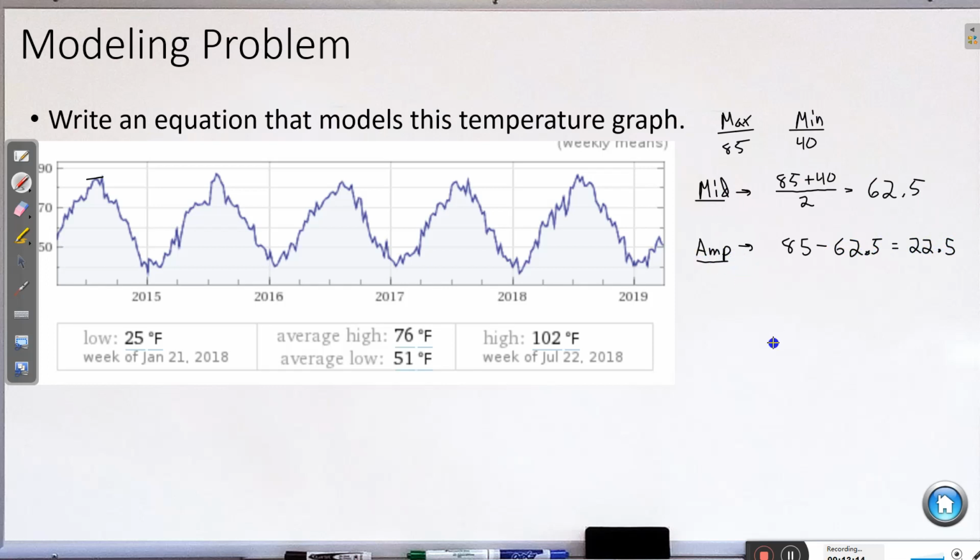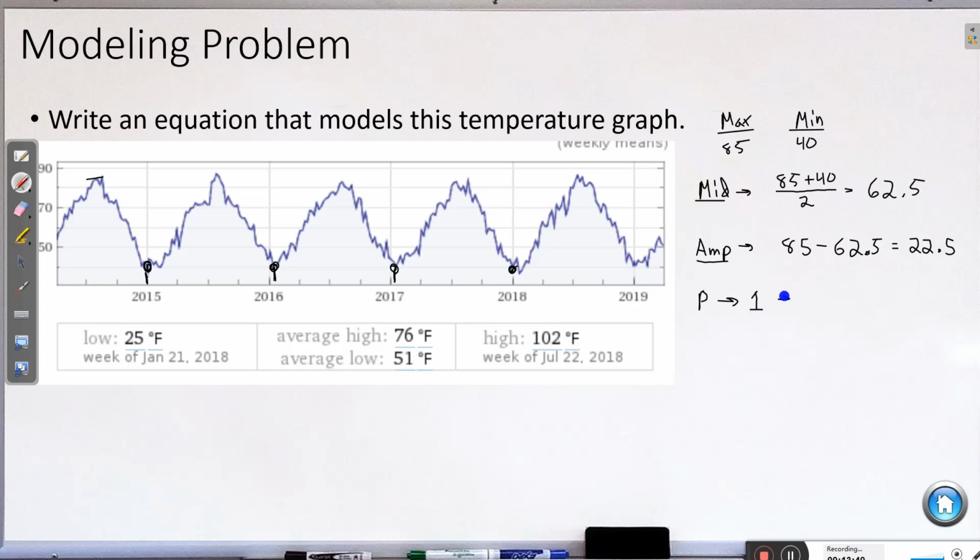Now let's do the period. So what is the period of this data? Well, bottom to bottom, to bottom, to bottom. It looks like the lowest temperatures are always happening at the beginning of the year. Hey, January is winter. So every winter happens once a year, so our period is 1 year.